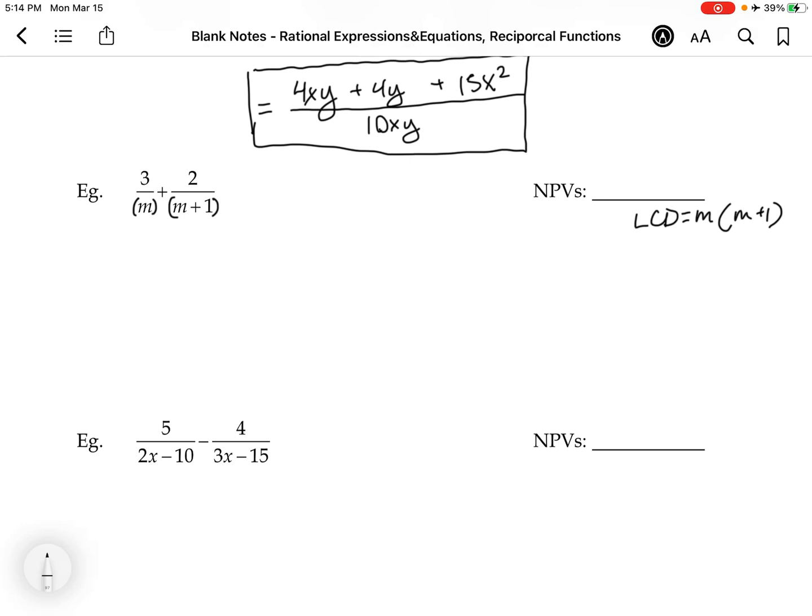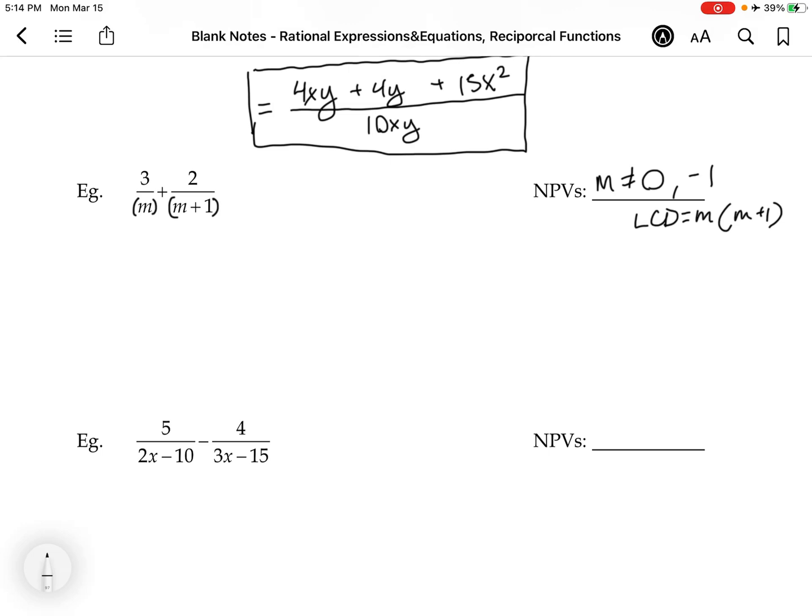Okay, and that is because these two denominators are factored and the factors are not identical. So while we have the LCD up there, let's get our non-permissibles. M cannot equal 0 or -1.